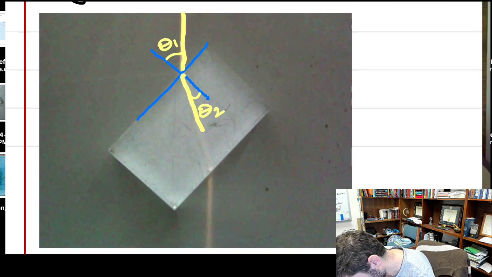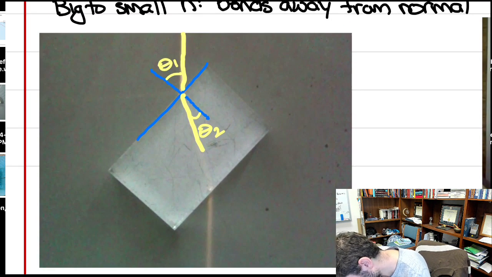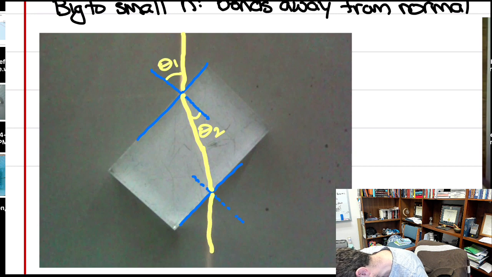Then once it gets to the bottom, the same thing happens again. We have the interface, and so we have the normal. And so the beam comes in, and then it bends back out. So then we have here, this would be the new theta 1, and this would be the new theta 2 as a result.